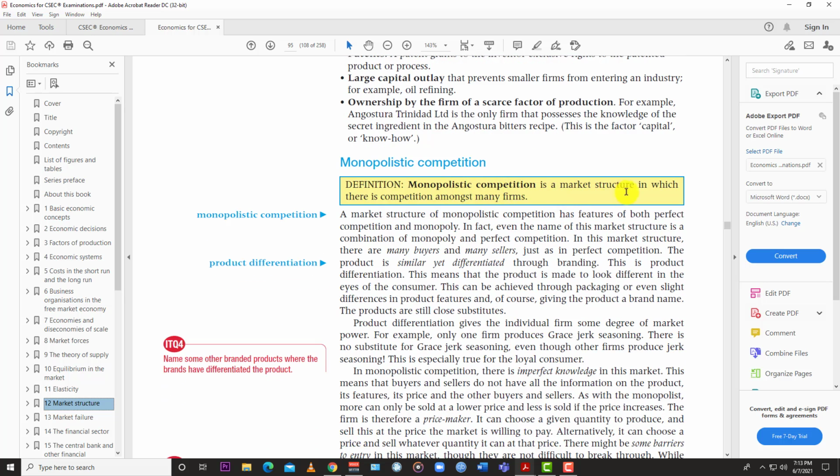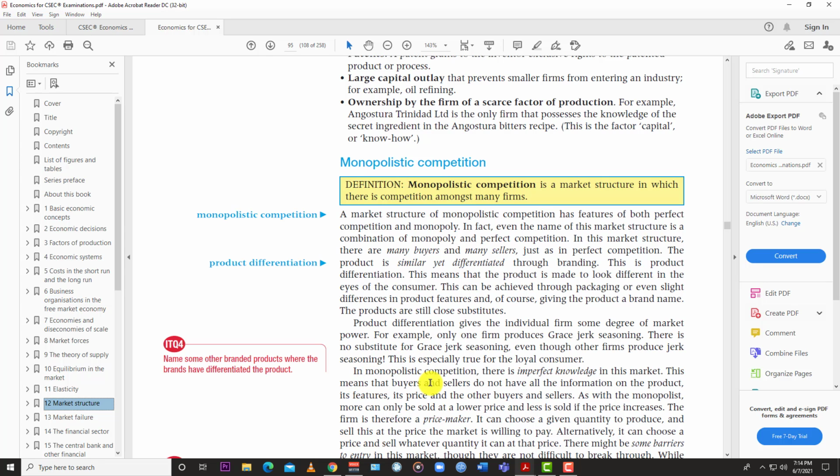Monopolistic competition is a market structure in which there is competition among firms, with many buyers and many sellers. In the monopoly, many buyers, one seller. Just as in perfect competition, the product is similar yet different through branding, so they can be differentiated. They're not homogeneous products, right?